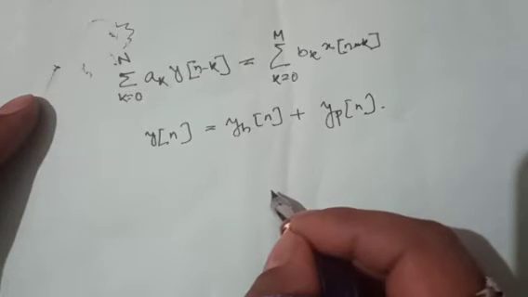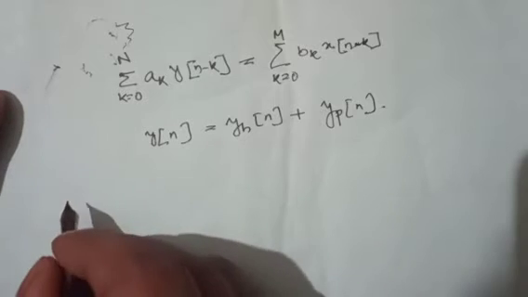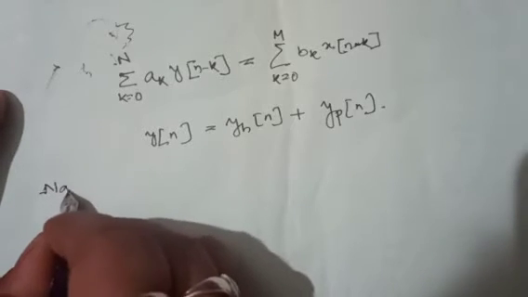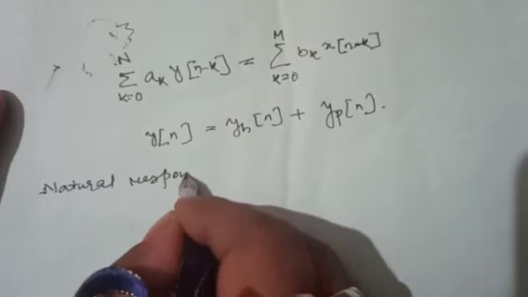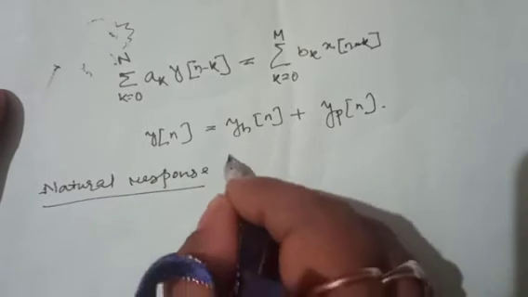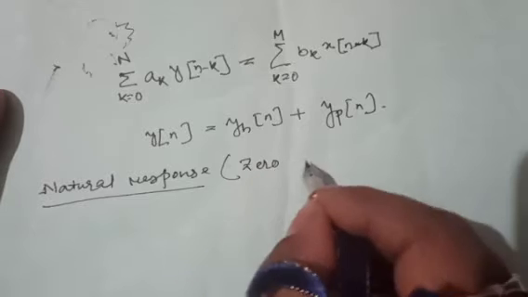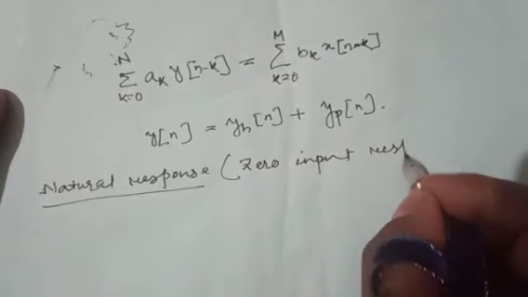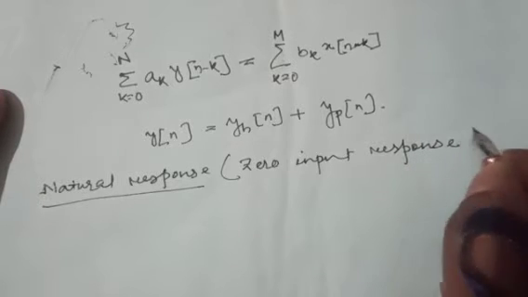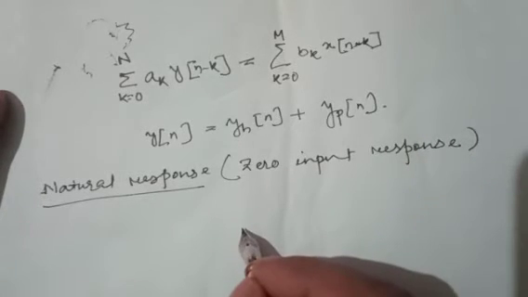So we'll start with the natural response for the system, that means the zero input response.